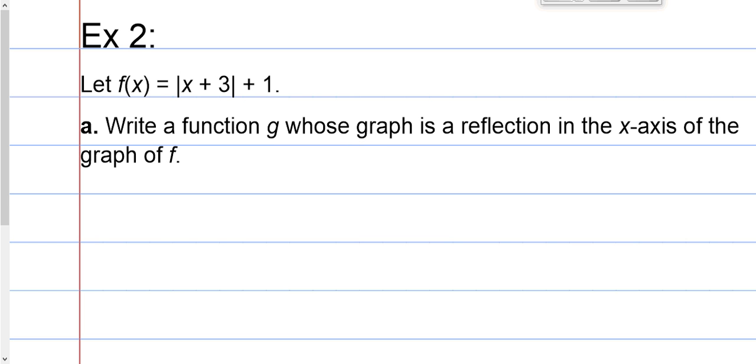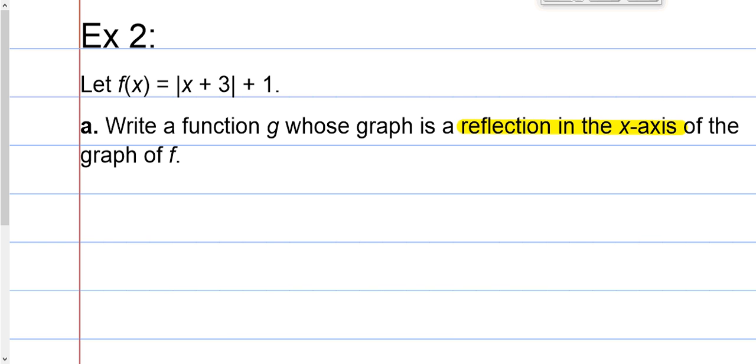Okay, so there's my key right there, reflection in the x-axis. Now, I left this worded just as it was worded in the book. If I say it, instead of just reading it, I'll say reflection on or over the x-axis, but just know that that means the same thing, reflection in the x-axis.